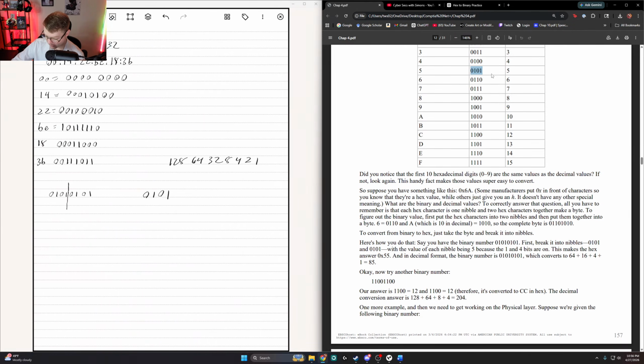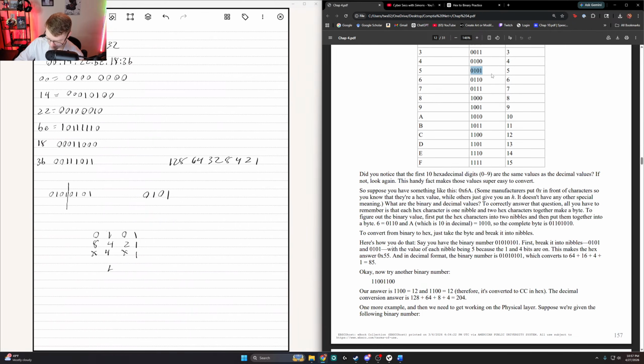Another way we could do that is 0101. Remember, for a nibble we have 1, 2, 4, and 8. 8 is turned off, so we don't add that. We're going to add 4 because the value of 4 is turned on. 2 is turned off, so we won't add that. But 1 is turned on, so we'll add that.